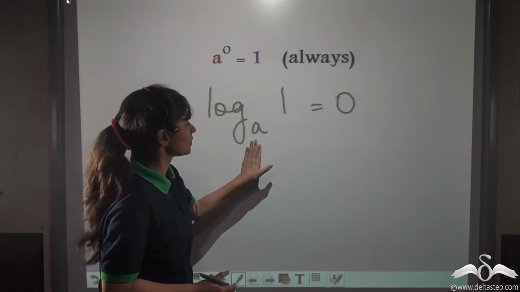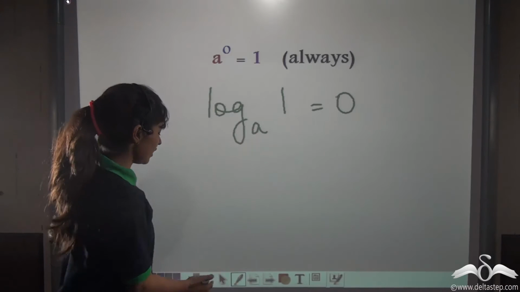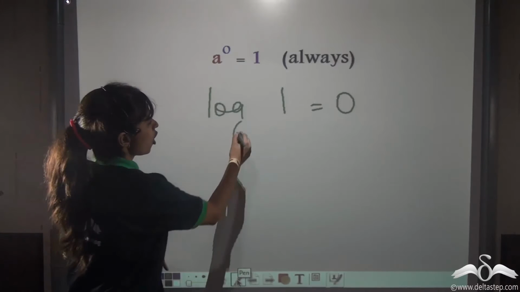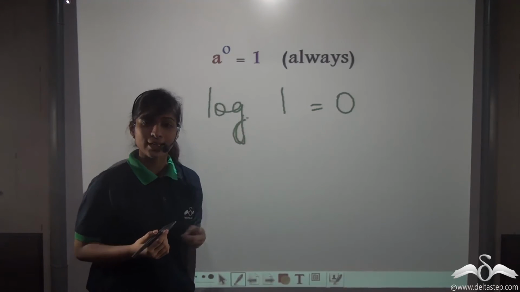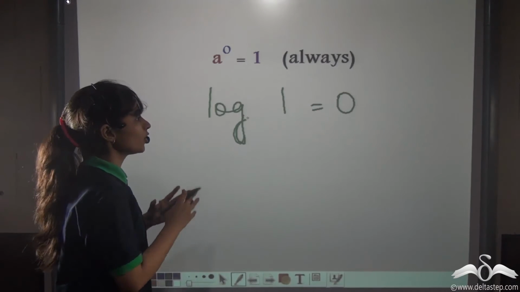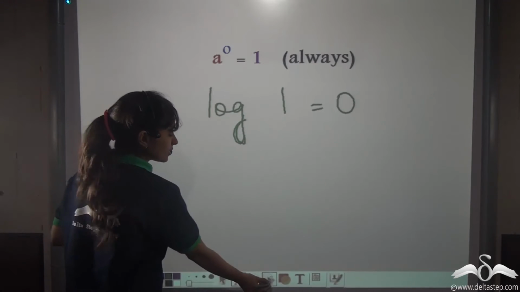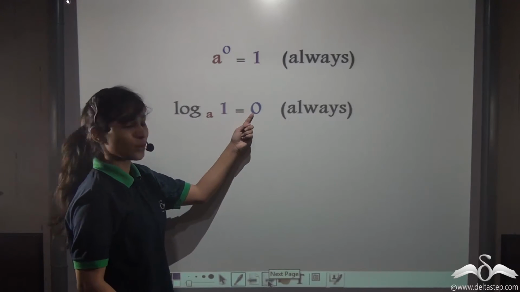That means here the base can be anything, whichever positive real number you want. So even if I cut out a from here, what will happen? Log of 1 shall be equal to 0 because a can be any base. So this is actually one property of logarithm. Whenever you see log 1 anywhere, you can simply write the answer as 0. So log 1 to the base a is always 0.